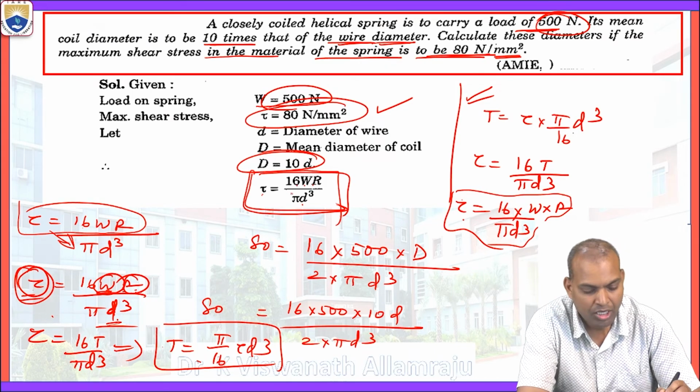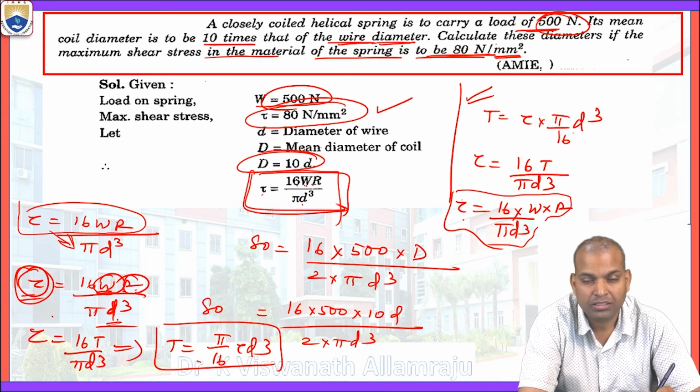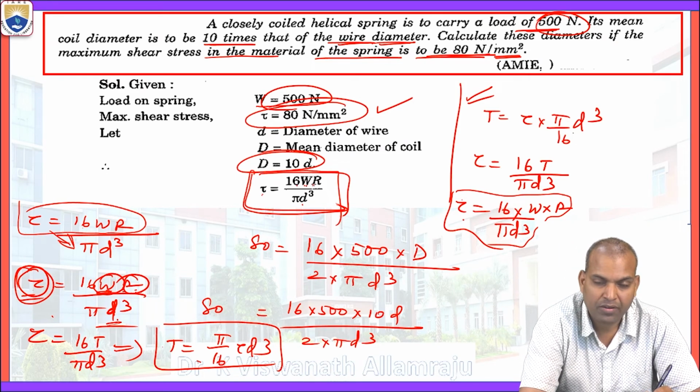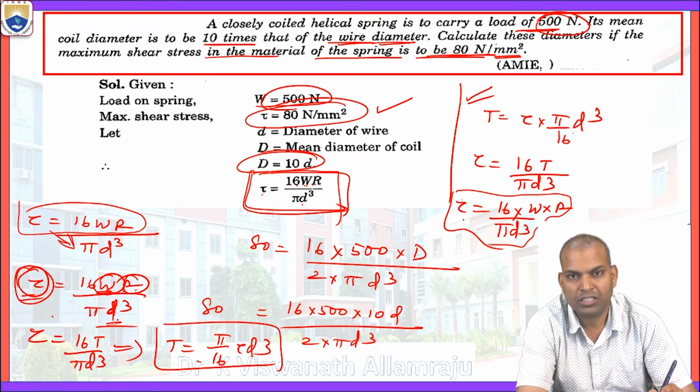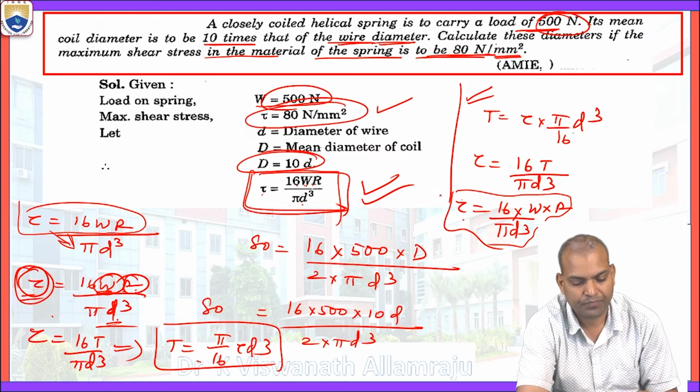Now what is the W here? The unit for W is newtons. What is the unit for radius? As discussed, the mean coil radius is in millimeters. What is d? The diameter of the wire. What is tau? The shear stress.